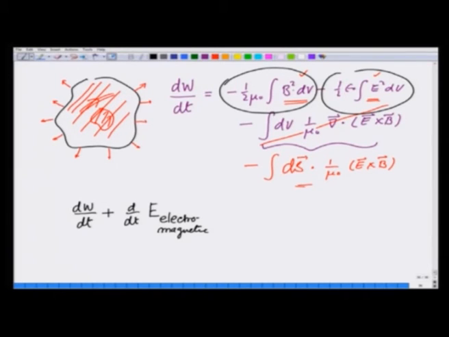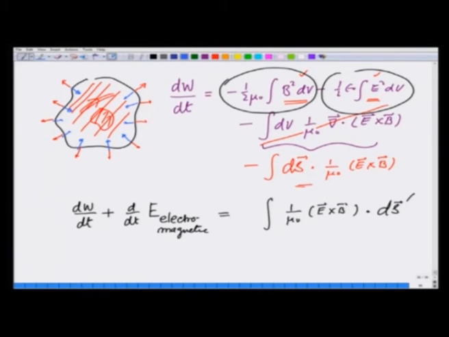I brought it to the left hand side, therefore, it is plus, is equal to integral of 1 over mu 0 E cross B dot, let me write this as dS prime. That dS prime is nothing but just the opposite of dS. That means this dS prime is going into the volume.